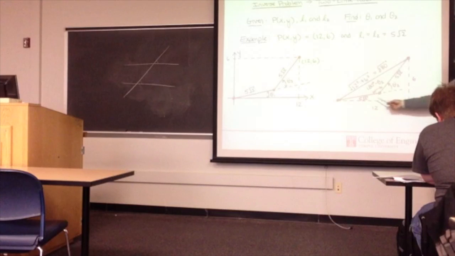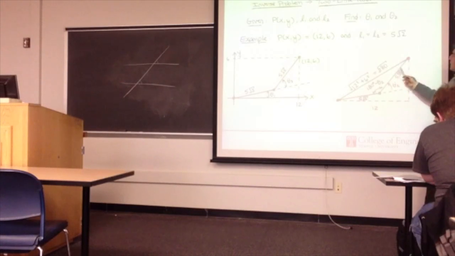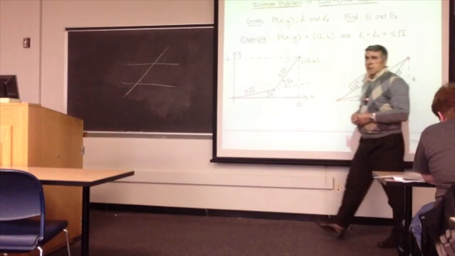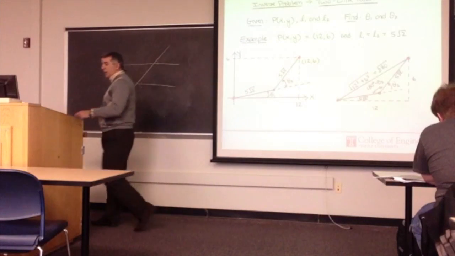This is 5 square root of 2, and this is 5 square root of 2. What kind of triangle is this? Exactly. So which means that these two angles are also the same, right? Okay. So when you have a triangle with 3 sides known, can you find that angle? Based on what?